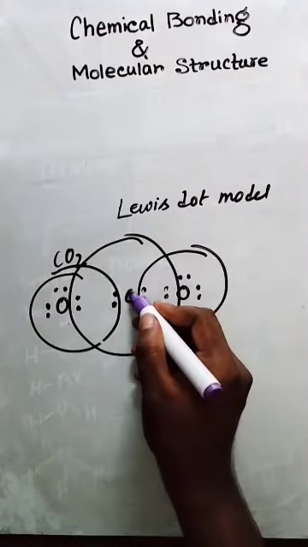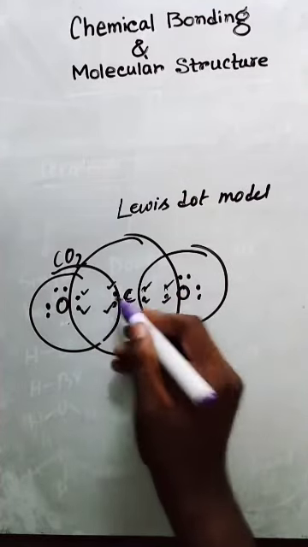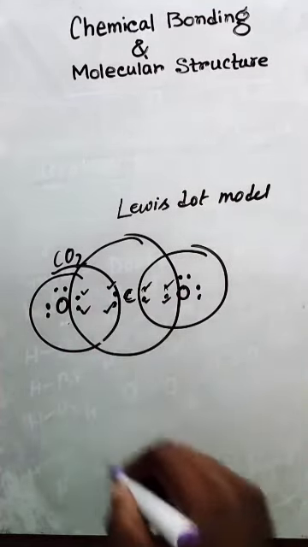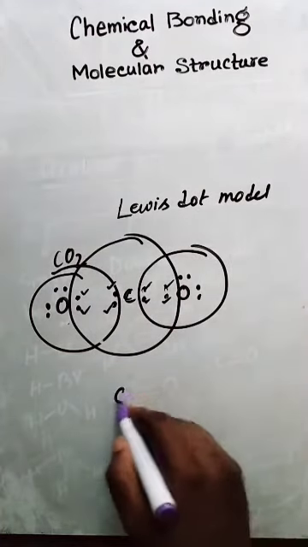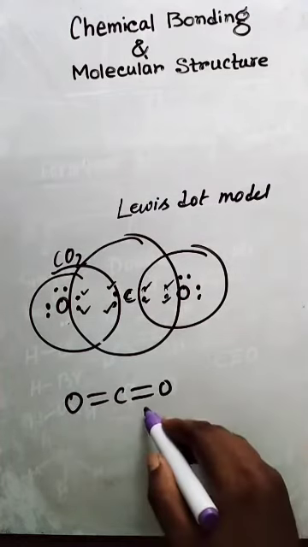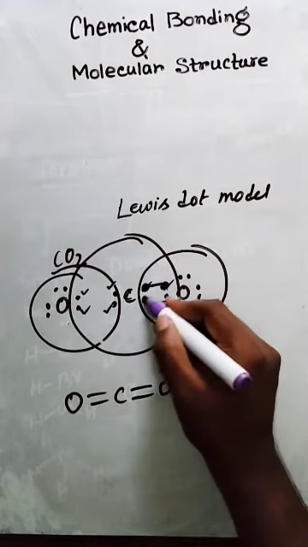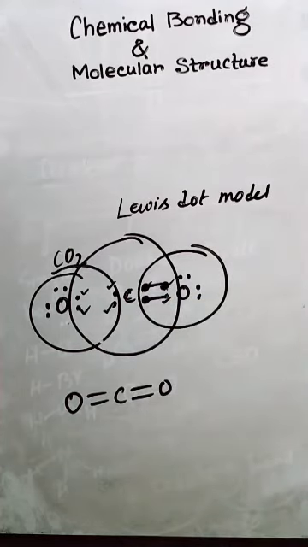So carbon has 8 electrons in its valence shell, and each oxygen also has 8 electrons in its valence shell. So it produces carbon dioxide, and there are double bonds. Here 2 electrons mean 1 bond, so as there are 4 electrons shared, it produces a double bond.